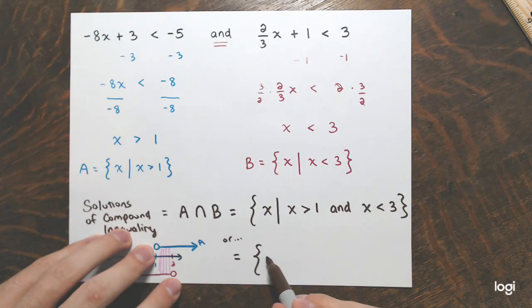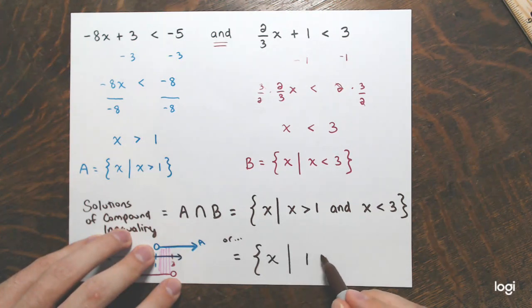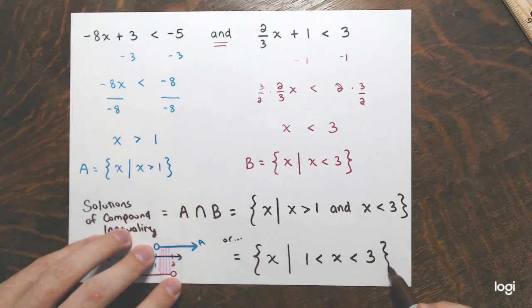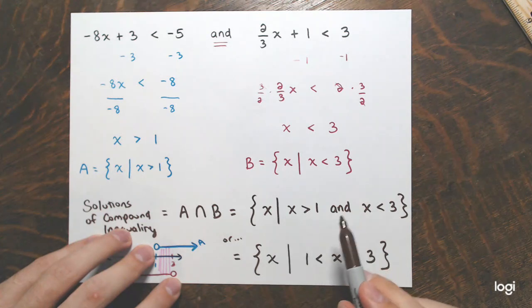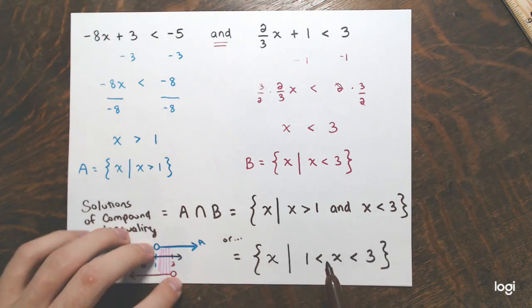So I could write this as well. All the solutions are values of x such that x is between 1 and 3, right? With this little connected, one inequality statement with two inequality symbols. These mean the same thing. X is greater than 1, and at the same time x is less than 3. This means the same thing.